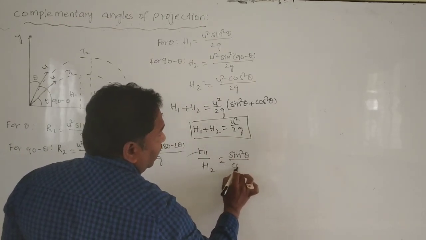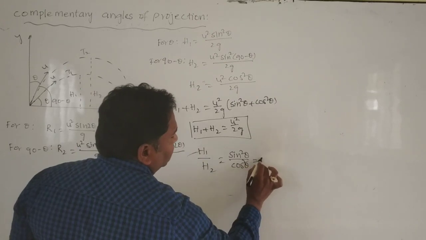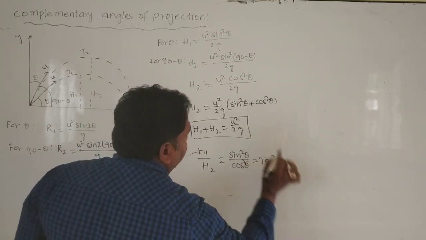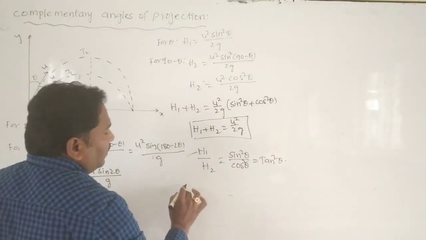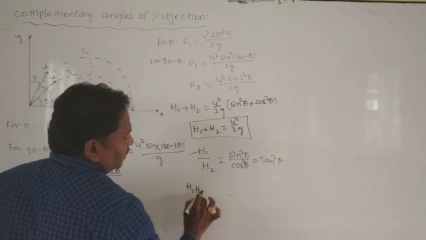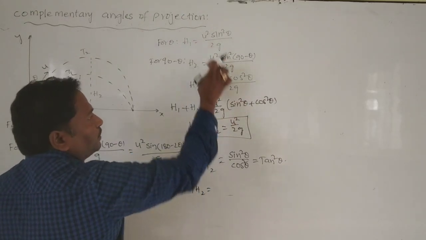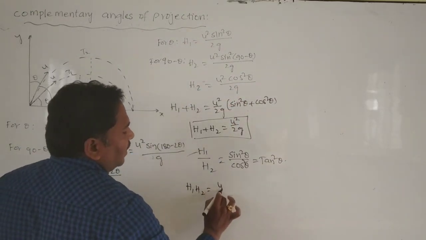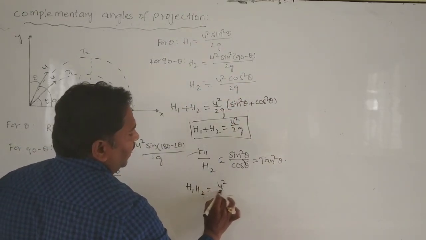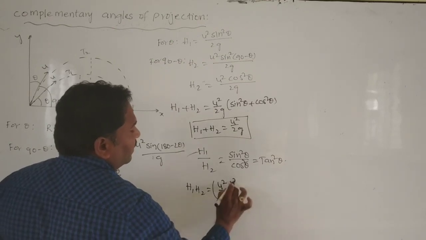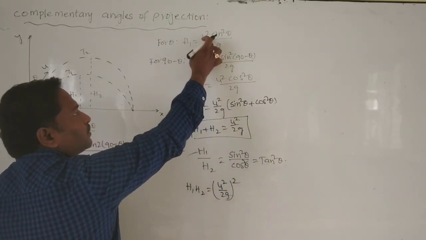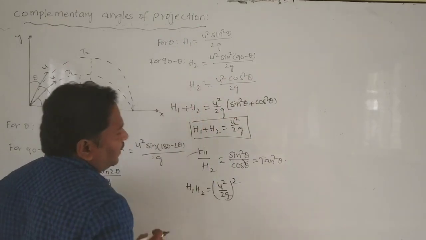Sin square theta by cos square theta is equal to tan square theta. Now when we multiply h1 and h2, you will get u square by 2g whole square, because it's u square by 2g times u square by 2g.